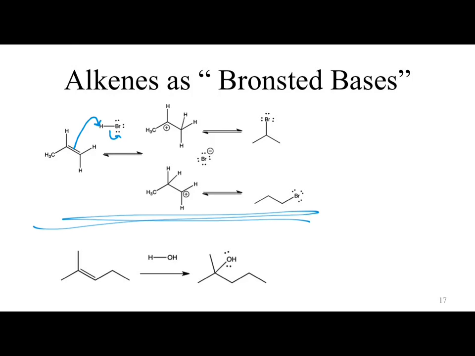Now we're trying to decide where that new bond is. We're sharing electrons, so we're forming a bond. We can't have a bond between a hydrogen atom and a bond. That doesn't make sense. So the bond connecting the hydrogen has to be attached to one of the carbons, either end of that double bond.